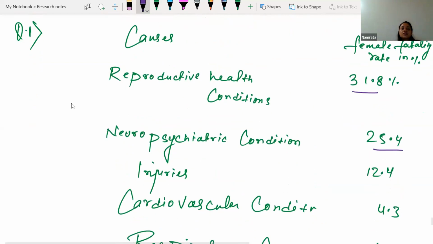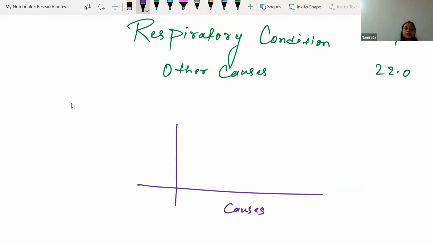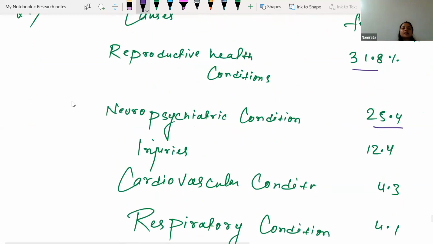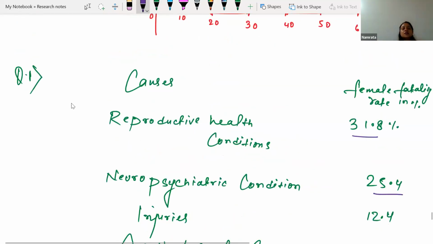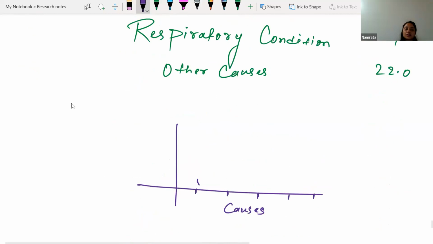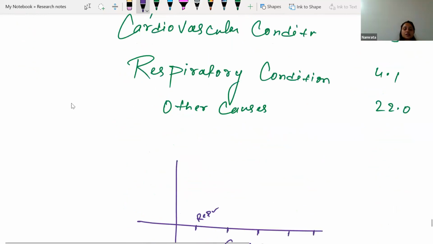Here on the x-axis we can write the causes of illness. The first one, whatever is there, we will write that, the second one as well. All the illness names we will write, that is reproductive health and everything, the other one is neuropsychiatric conditions.